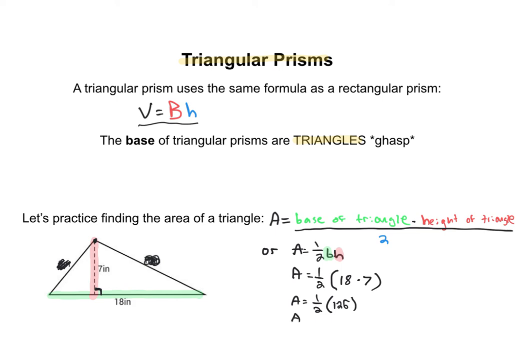So our area is 63. And because we are working in units of inches, and we are talking about 2 dimensions, those are inches squared. So our answer here would be 63 inches squared for the area of this base.